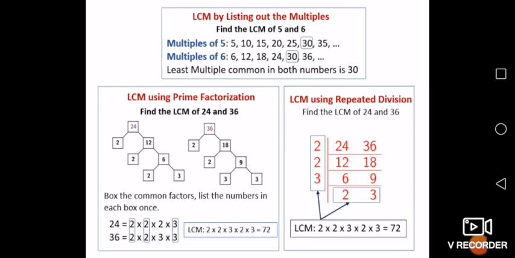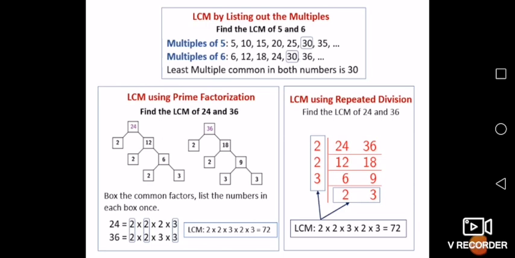Now our third method is LCM using repeated division, or it is called the division method. Here you have to find the LCM of 24 and 36 using the division method.